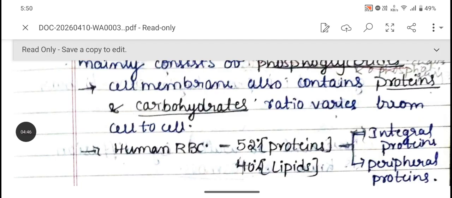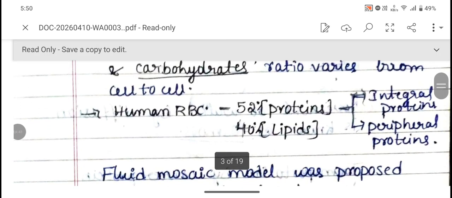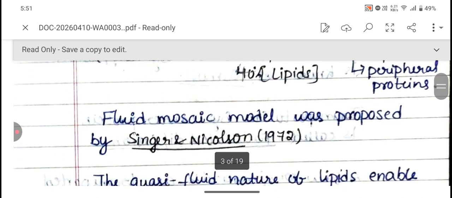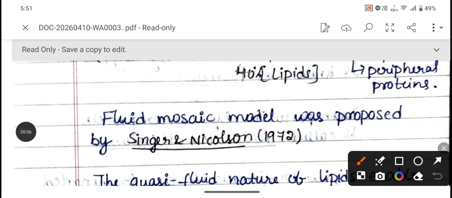If you take the human RBC, its cell membrane has 52% proteins and 40% lipids. Among the 52% proteins, there are integral proteins and peripheral proteins. The most accepted model of the cell membrane is the fluid mosaic model, which was proposed by Singer and Nicholson in 1972.